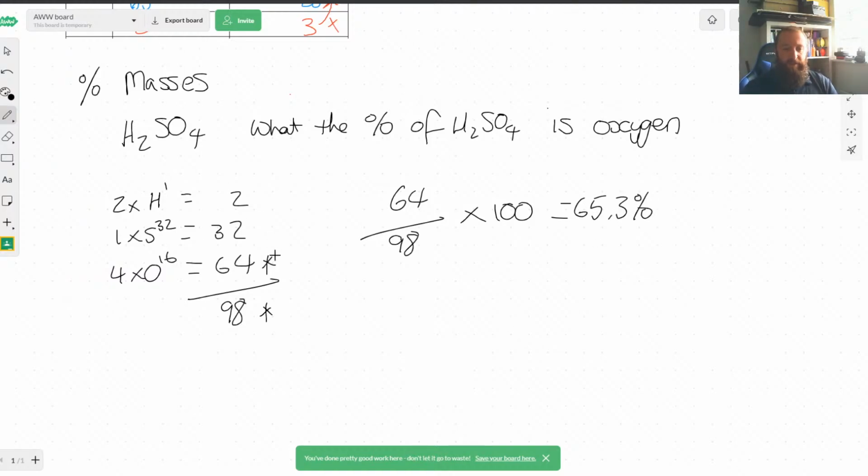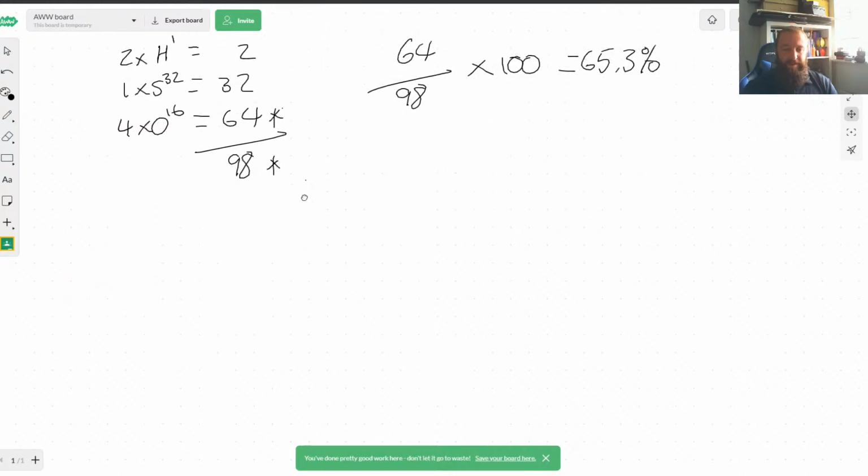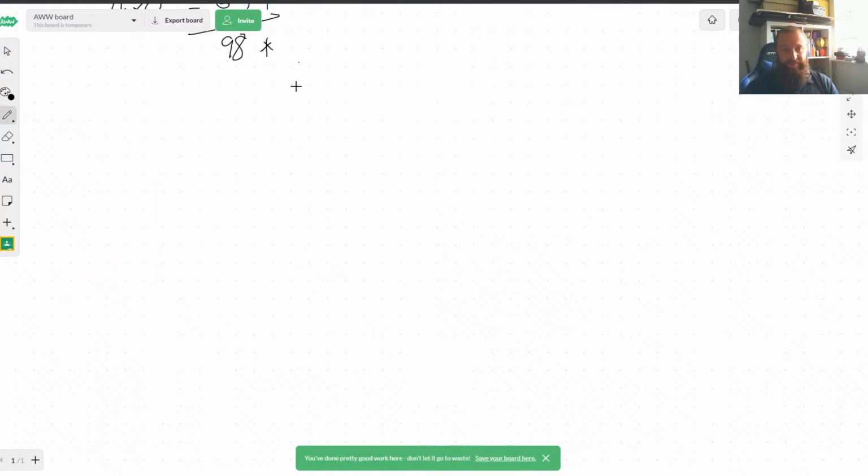Okay, I'll give you another one. Like I said, this is actually quite simple if you lay it out in this way. If you don't like percentages, just follow how we work our way through with this one. Let's take ethanol, so this is basically alcohol, C2H6O. We're going to go through and work out the molecular mass. This is step 1. I've got 2 carbons, which is 24.